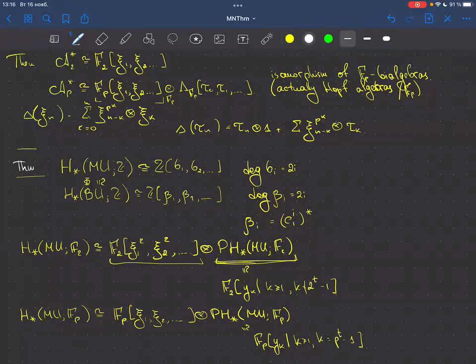Are there any questions on this theorem, or we can move on?